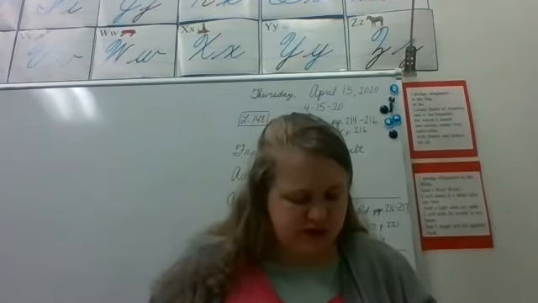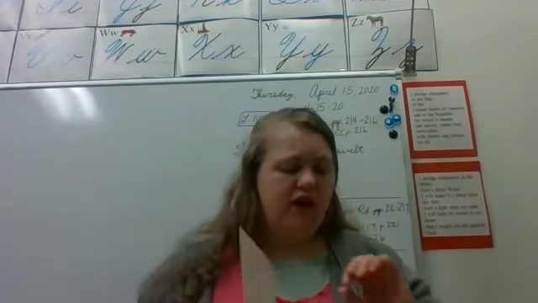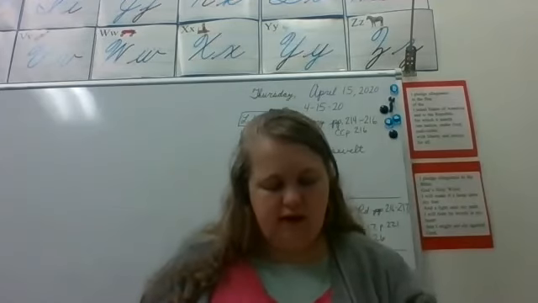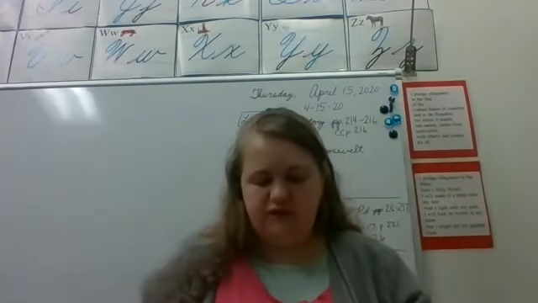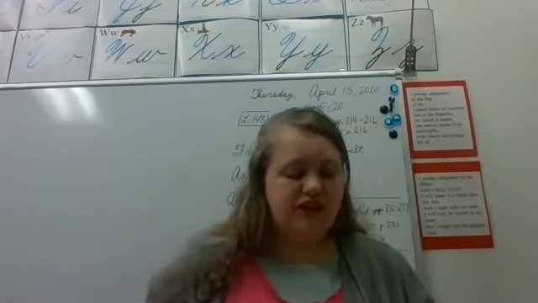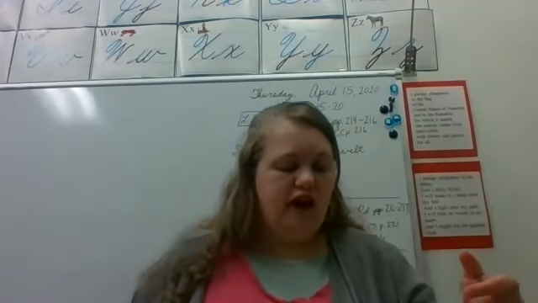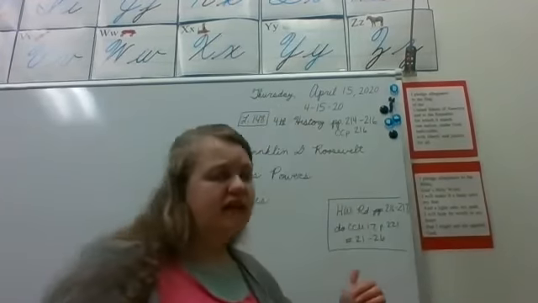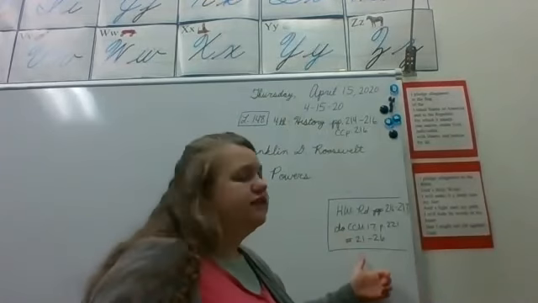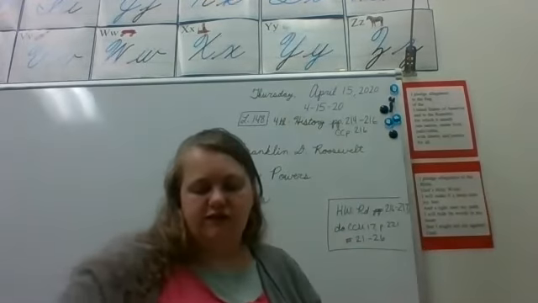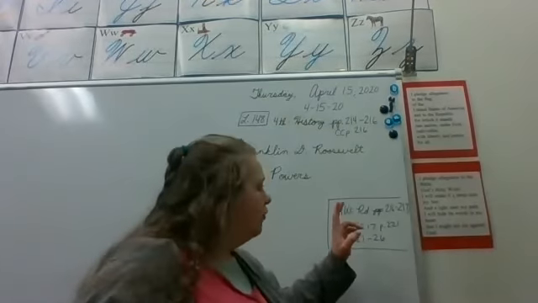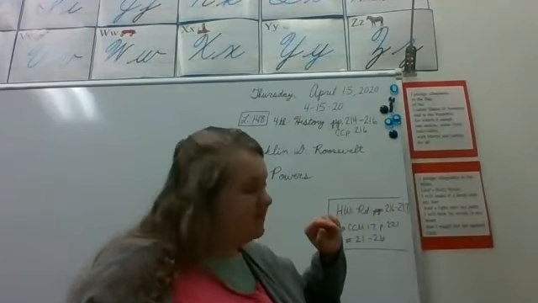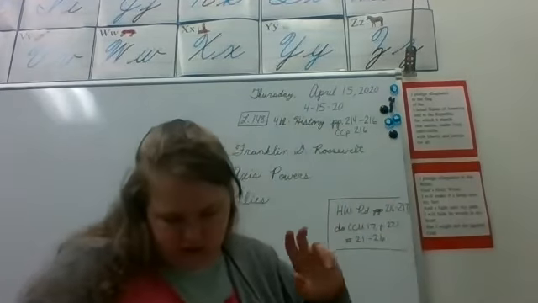So what I want you to do is go ahead and read that over again. I know that you read that for homework, but read it again, 214 to 215, and then answer the comprehension check on the next page, those 5 questions, on a piece of paper. And then for the homework for the lesson, if you get done with that and you still have some time and you want to do the homework, you're going to read 216 to 217.